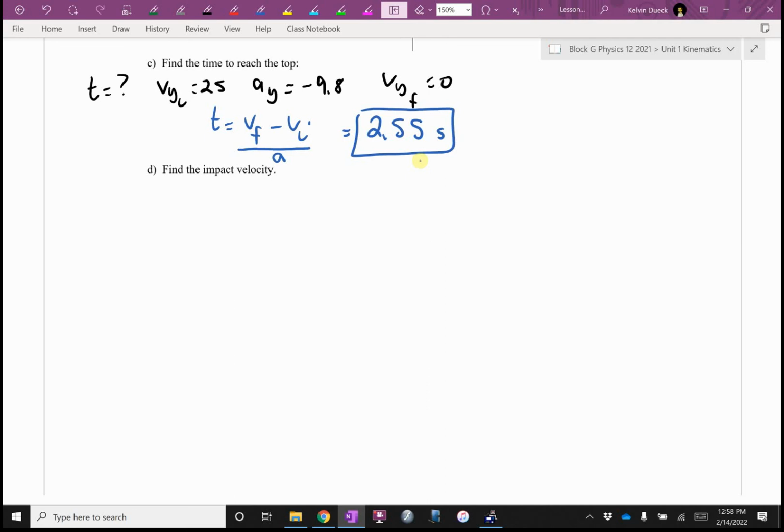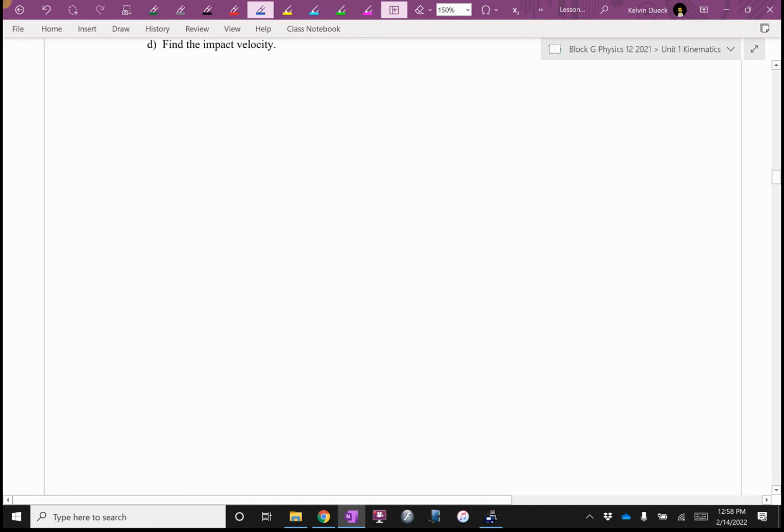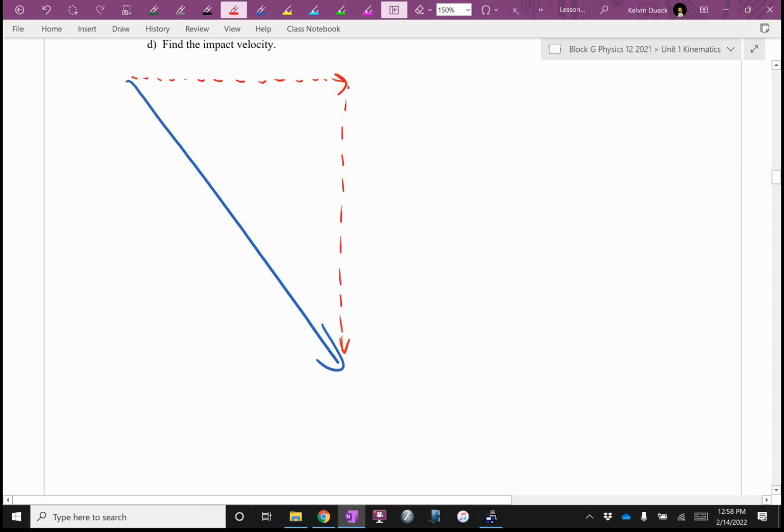I don't know. Oh, you know what, though? I know what it looks like. I think the impact velocity hits the ground at an angle. Draw that, because that's what I think it looks like. I'm going to break it up into components.